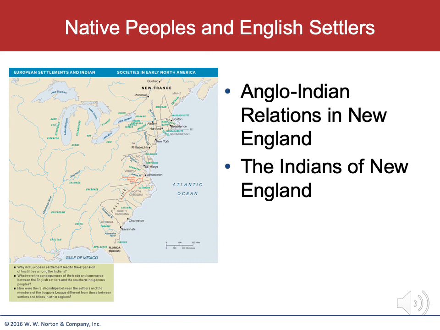And by 1638, a few surviving Pequots had signed the Treaty of Hartford, and the Pequot nation ceased to exist. And what we see here in 1674, we get something called King Philip's War. So King Philip was a leader of the Wampanoags and resented the colony's attempts to convert Native Americans to Christianity.